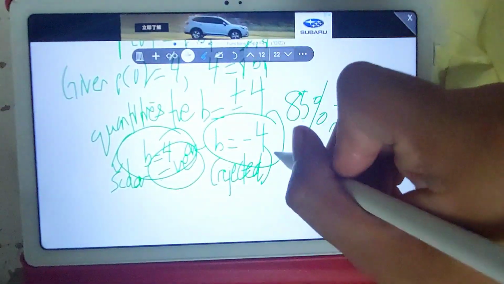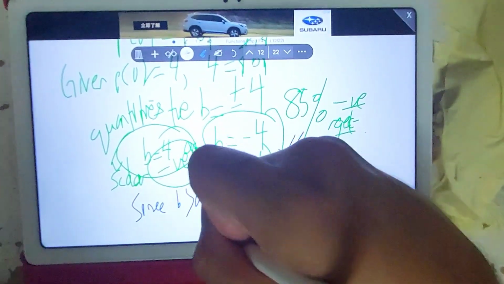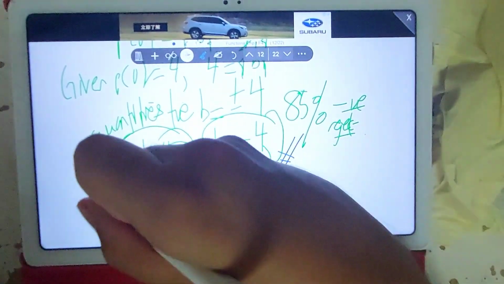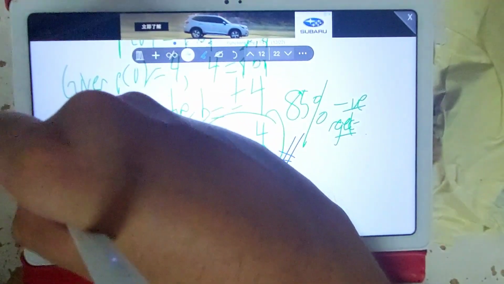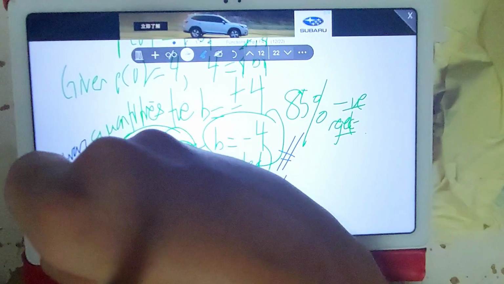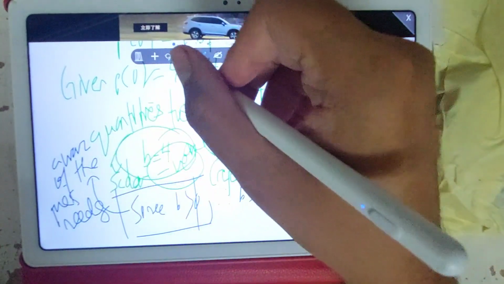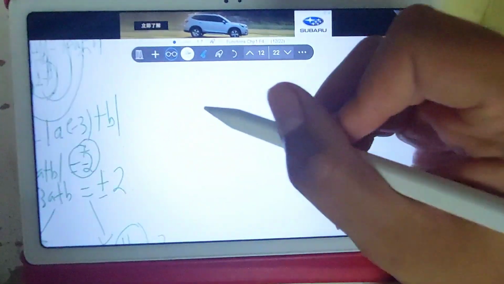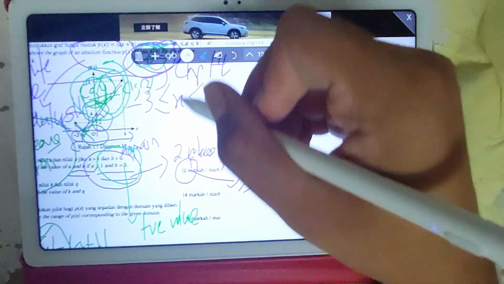And yeah, so that you can conclude that since B greater than 0, therefore B is 4. By saying this part over here itself tells you that you are aware of the question needs. So you are telling the examiner you notice that part of the question where they ask you to reject one value automatically. So yeah, so by using this B value is how you proceed. So you have the equation there.